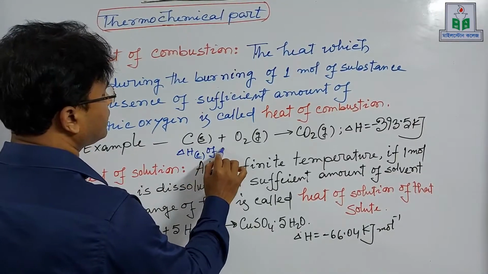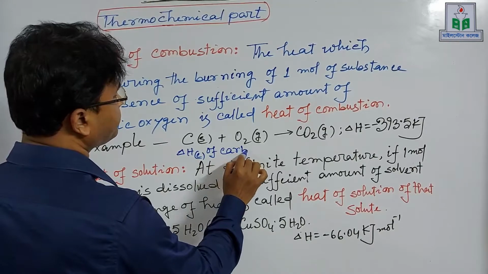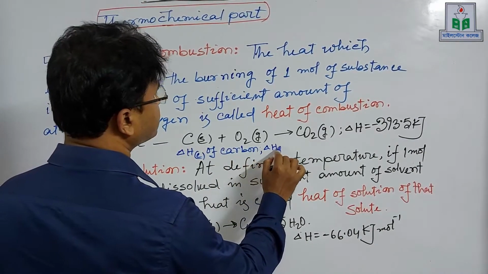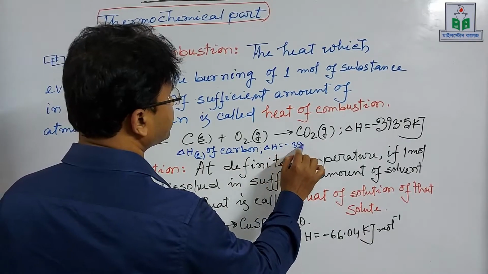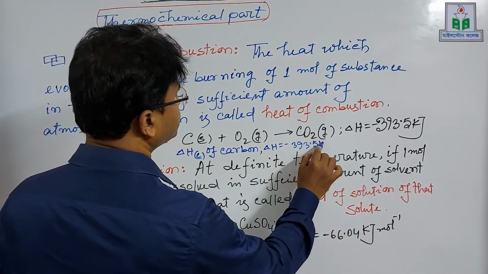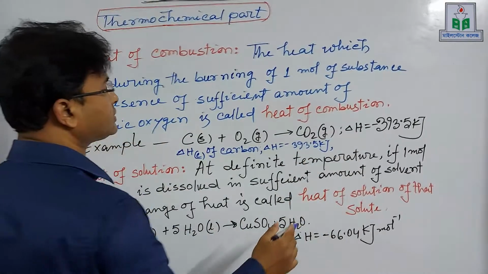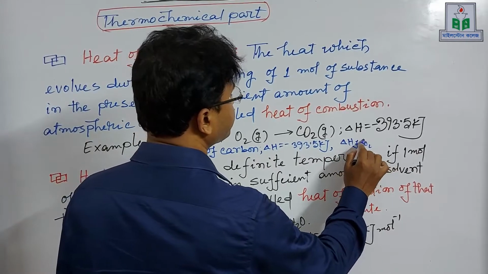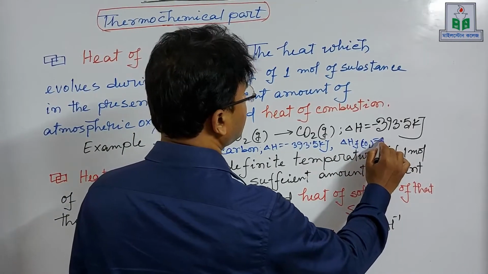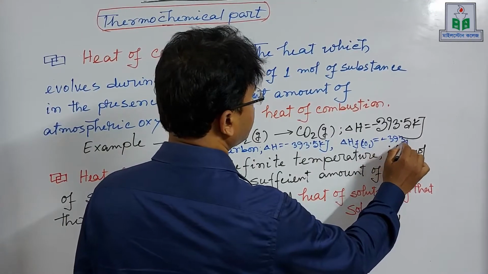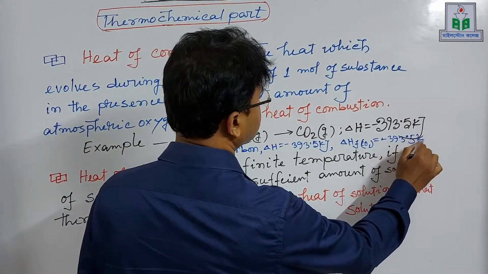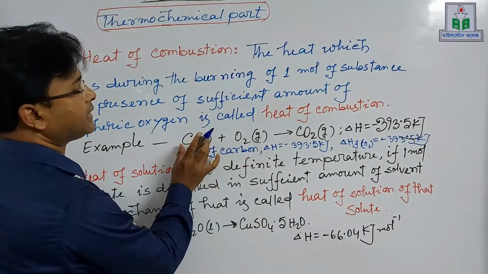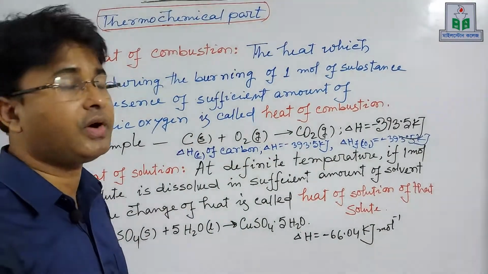of carbon, delta H equals minus 393.5 kilojoule. And again I can write also heat of formation of carbon dioxide equals minus 393.5 kilojoule. Both are the same actually, because to produce carbon dioxide you have to burn carbon in the presence of a sufficient amount of oxygen.